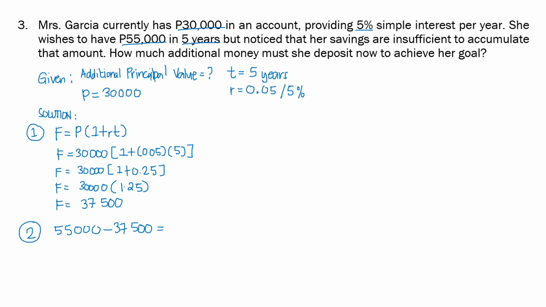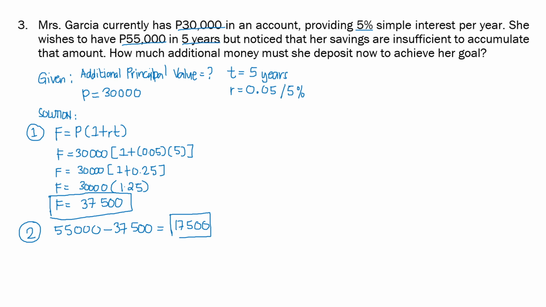So 55,000 minus 37,500, the answer is 17,500. So it means nga nagkinahanglan si Mrs. Garcia og 17,500 para mahimong 55,000 ang iyang 37,500 nga future value.